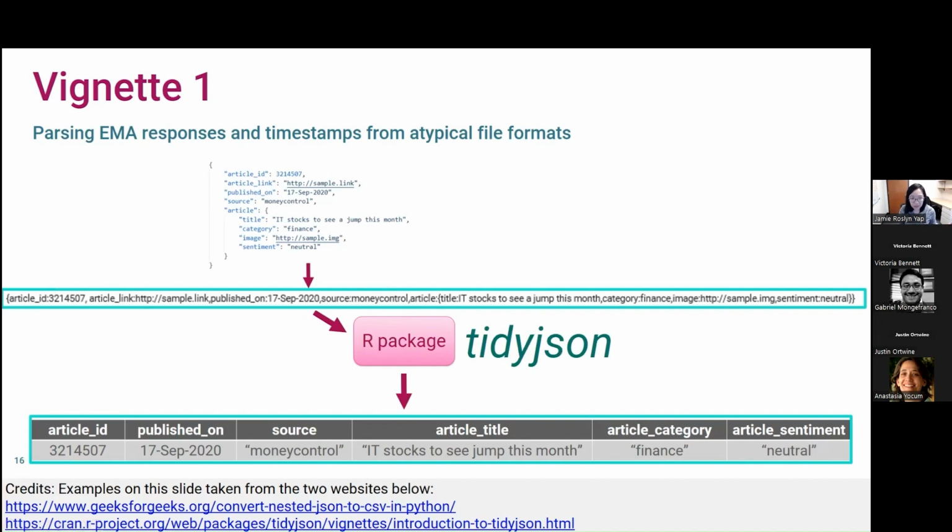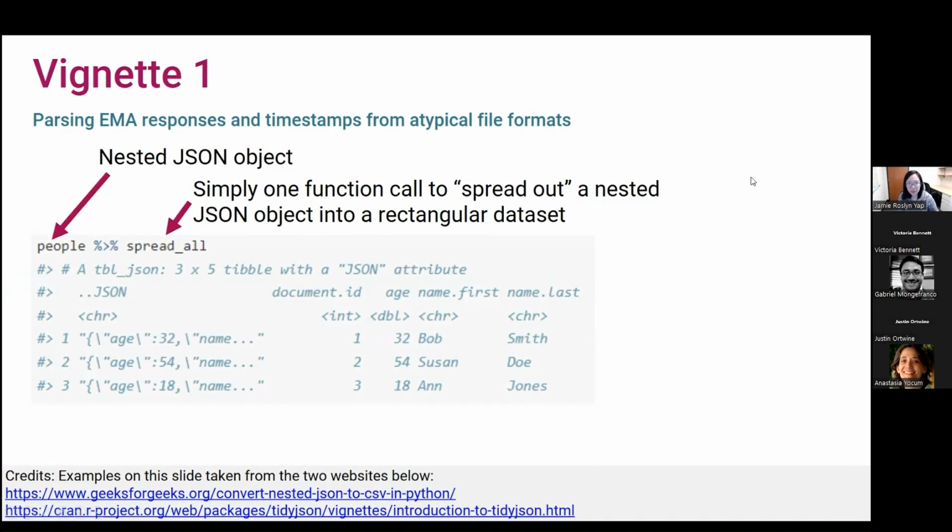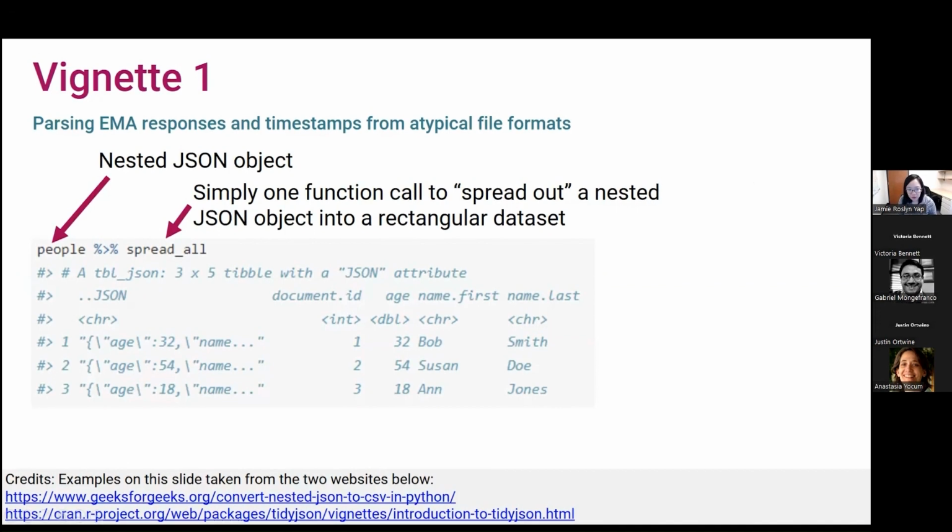Now, there are many ways to approach this. One approach that I took was to use the R package tidyjson, which is part of the tidyverse. So what does tidyjson do?